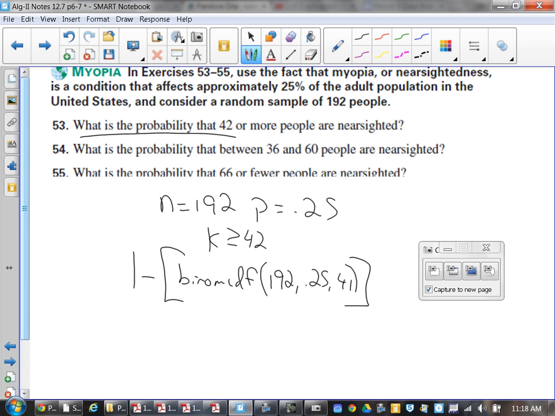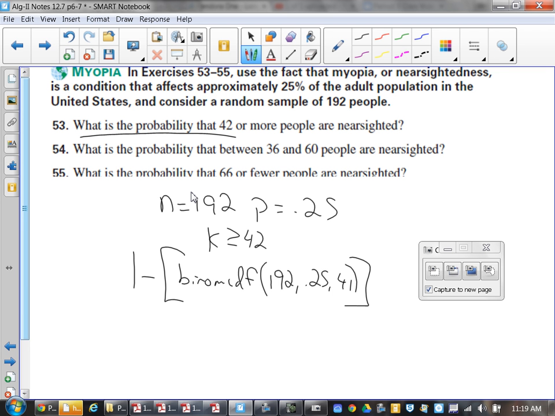When you're talking about between 36 and 60, is it including 36 and 60? Yes. People were asking about this. I'll make sure it says including 36 and 60.